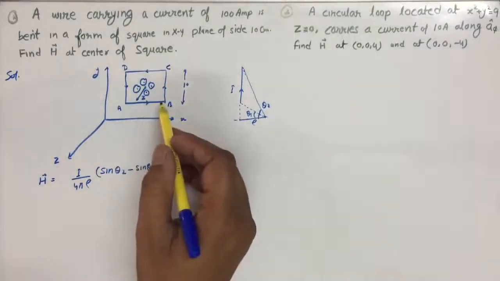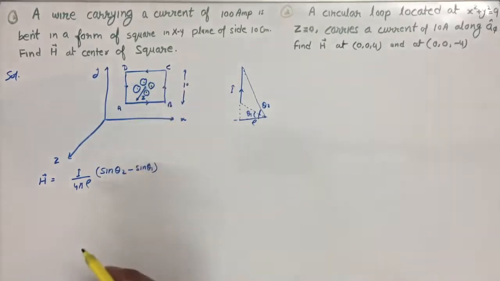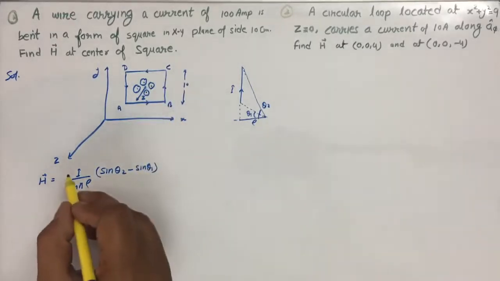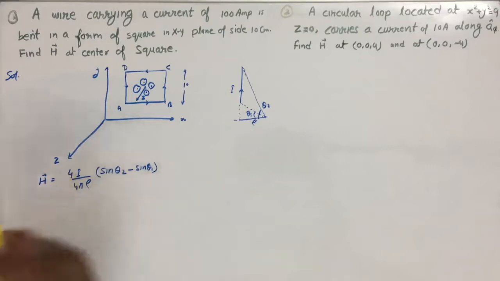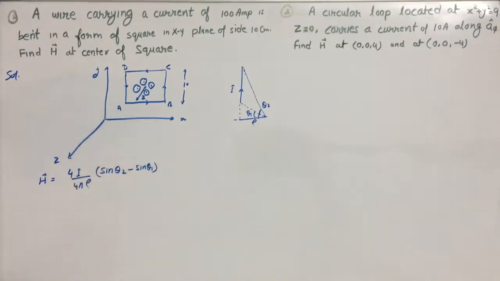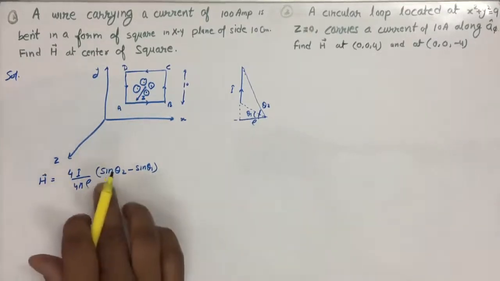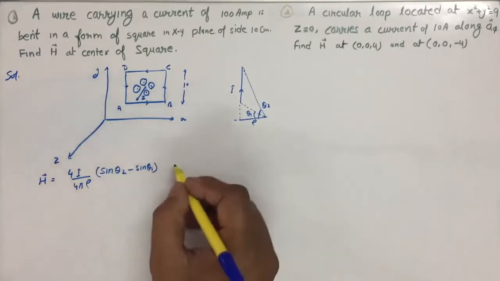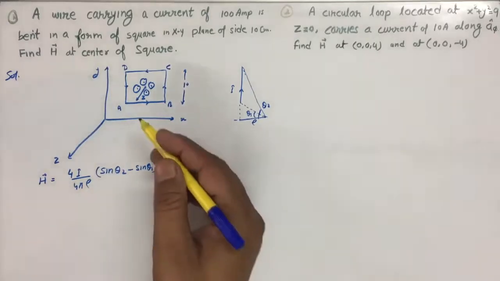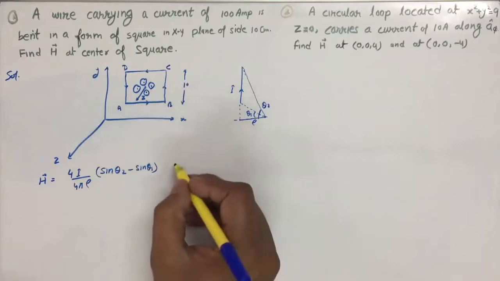The length is the same, the current is the same, so we can say the total field will be just 4 times I divided by 4 pi rho times this, and the field will be coming outward, that is towards positive Z.